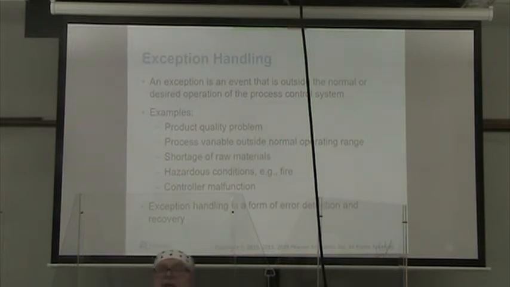They can detect, oh wait, this hole wasn't drilled all the way through, or this shape is not right for this part. It might be a process variable outside our normal operating range. It might be a shortage of raw materials, or hazardous conditions. The example they give is fire.